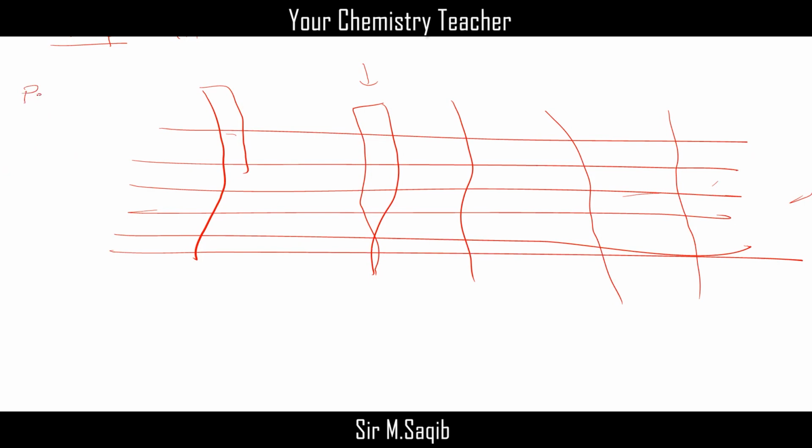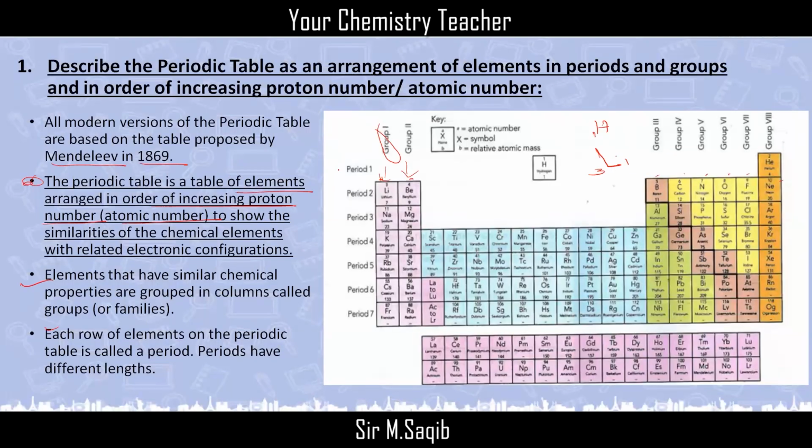We have a total of 7 periods: period 1, period 2, period 3, period 4, period 5, period 6, and period 7, as you can see over here.